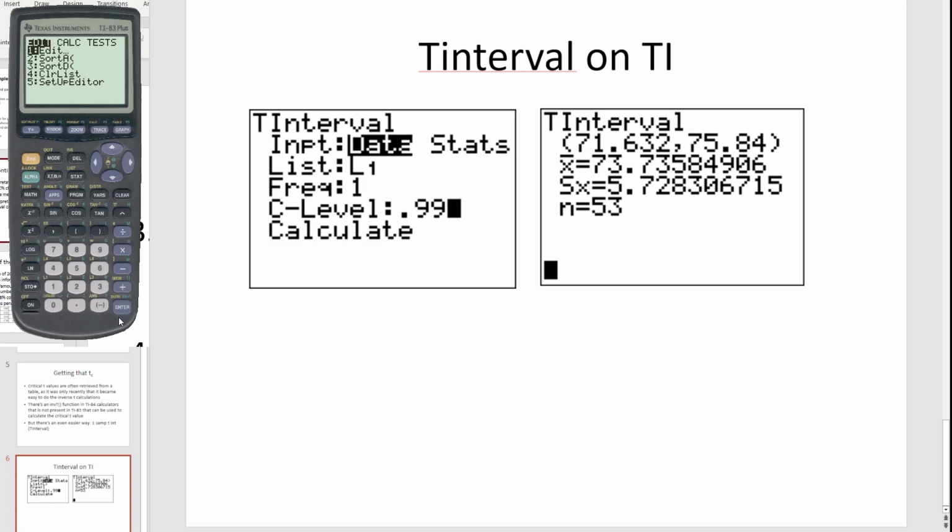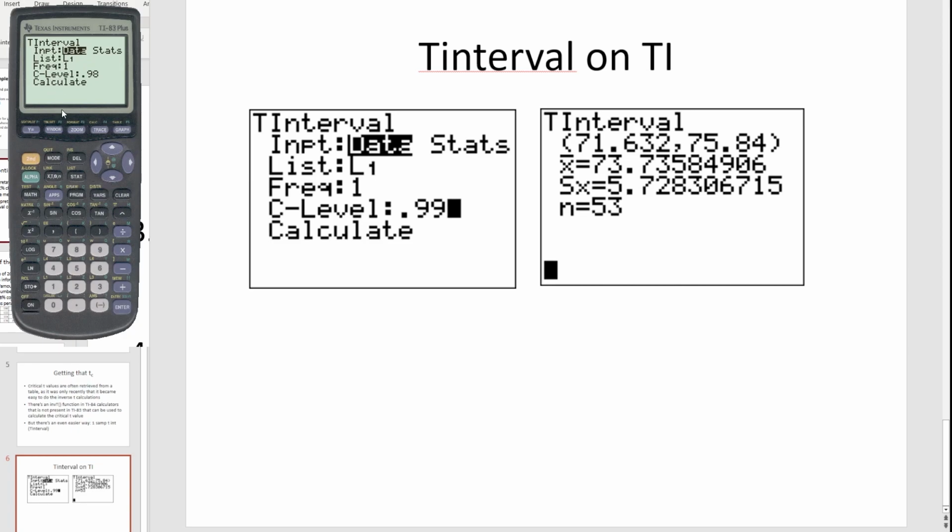All you have to do is go to stat, edit, type in all of your data. Then what we do here is we go to stat, over to tests, and we scroll down all the way until we get to TInterval. We want our input to be data. The list is whatever list we have our data typed in.